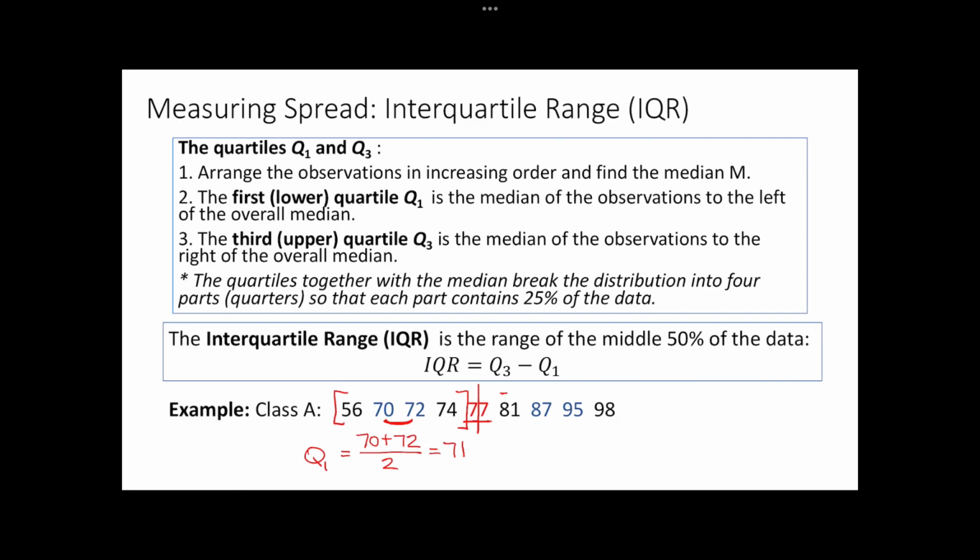Now to find the third quartile, I'm going to look at the upper half and find the median there. So the median here is going to be the average of 87 and 95.